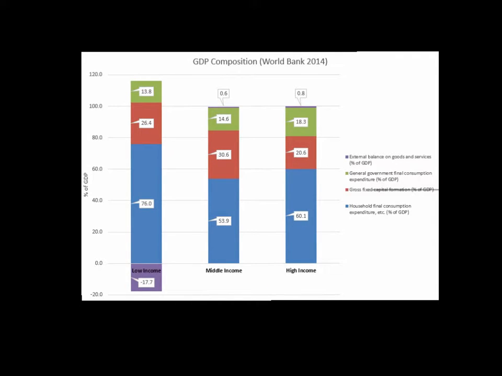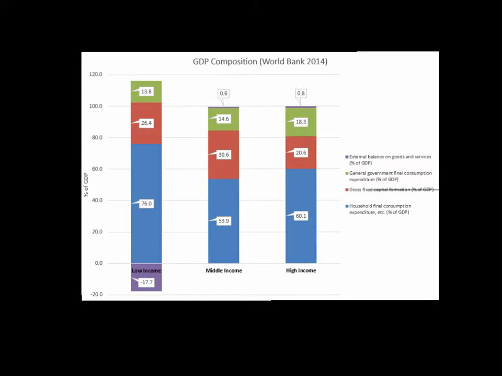Now, these obviously include the developed economies such as the UK and the USA from the previous slide, and you can see that actually the composition is, relatively speaking, quite similar to the UK and the USA, in that we've got a 2/3-ish, slightly less than here, chunk of the GDP coming from household consumption, and then about 20% coming from the gross fixed capital formation, which, remember, is what we call investment.